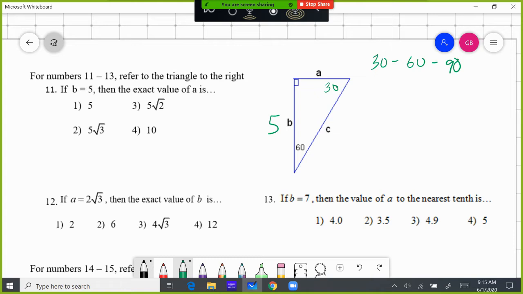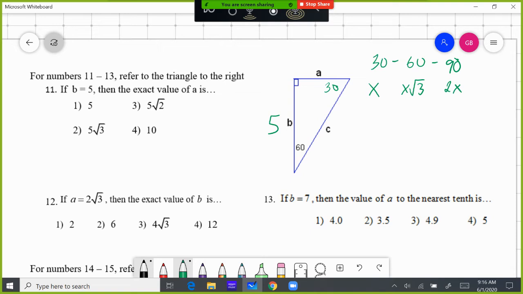Let's say the side opposite the 30-degree angle we'll just call x, so it could stand for any number. To find the side opposite the 60-degree angle, you multiply x by the square root of 3. To find the hypotenuse, the side opposite the 90-degree angle, you multiply x by 2. So it's 2x.